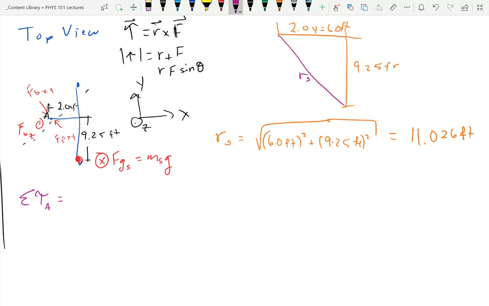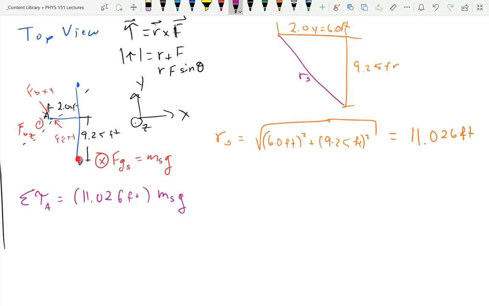Right, which is how I got this 11.026 feet. So now my torques: I have my perpendicular distance of 11.026 feet times the mass of the student times g. And I have to decide, since I'm not using a standard axis, whether that is going to be a positive or negative torque. I will take the point of view that I am standing in the bottom left.